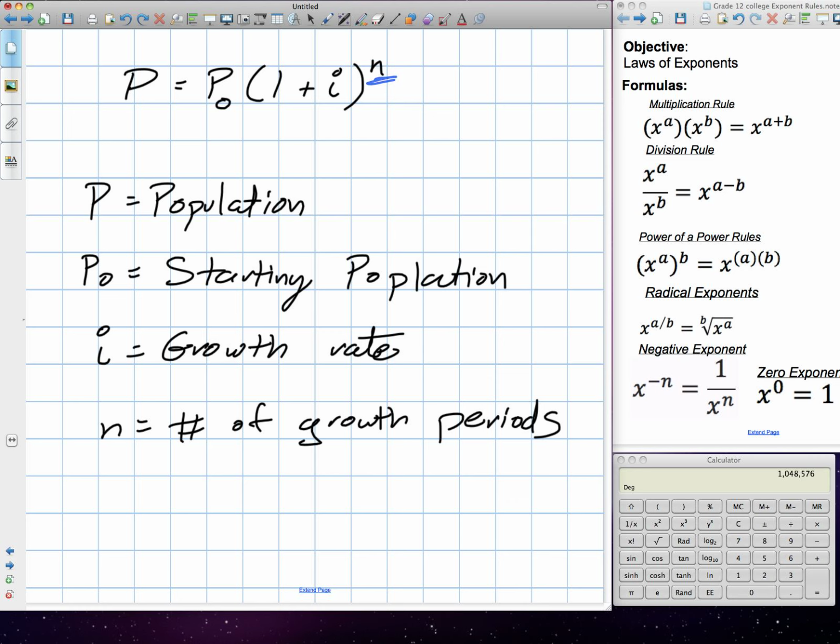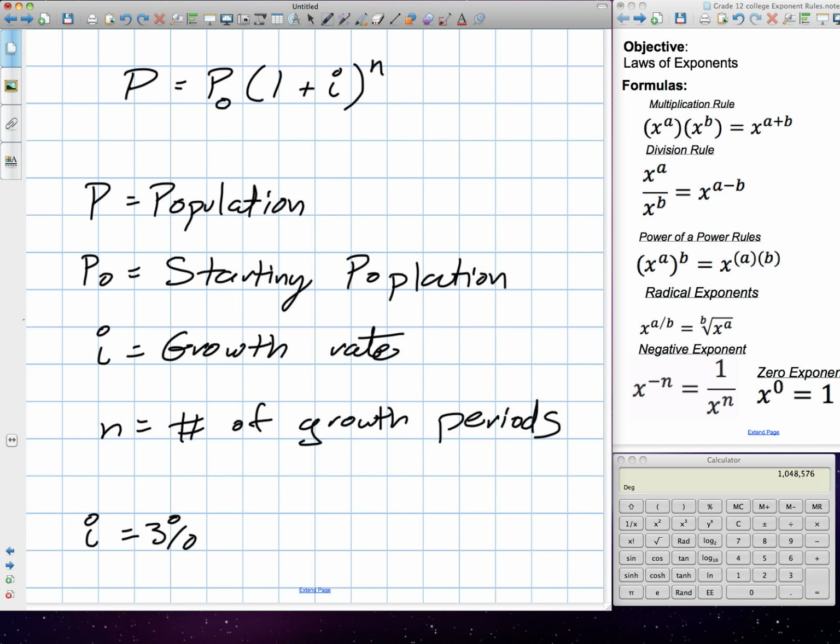So we're actually going to do a question here. A city has a population that increases 3% every year. In 1990, the population was 110,000. So what they're telling us is i is 3%. Now remember, to put i into the equation, I have to make it a decimal. What would 3% be as a decimal? Yeah, 0.03.